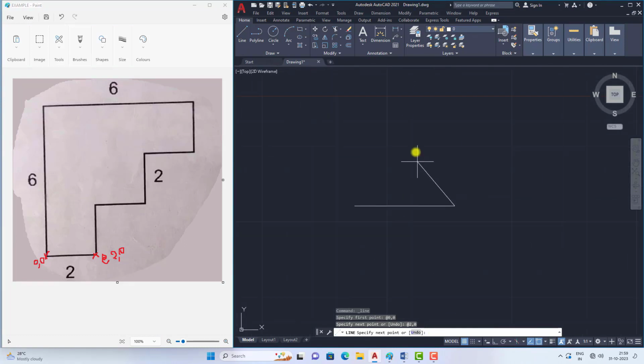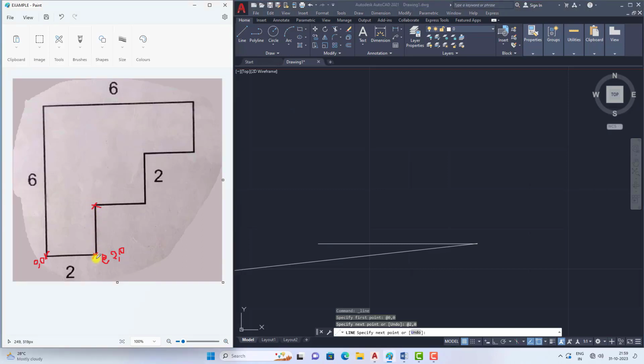See, the line is drawn, and now if you want to go up, if you want to create the object here, what is the distance? Now you need to take the reference point as this and calculate the coordinate values of this point. So now @, this is the reference point and I am considering it as the origin point.